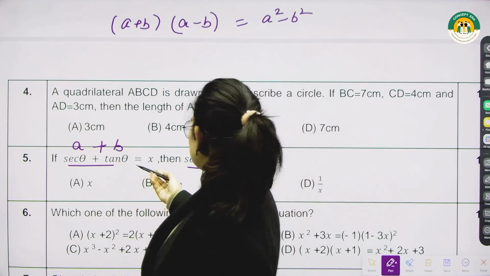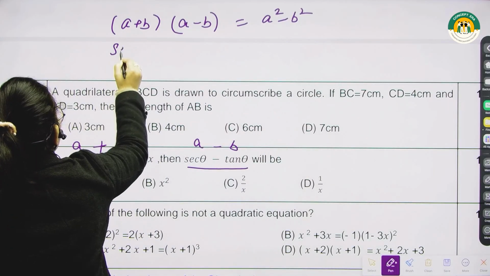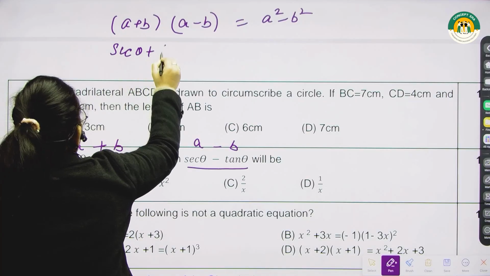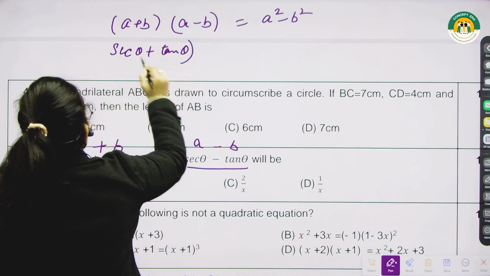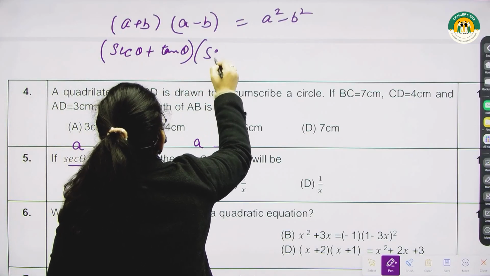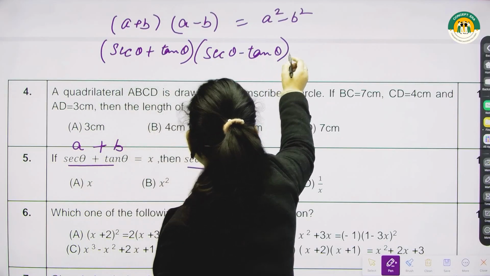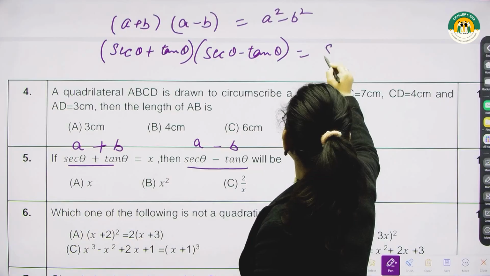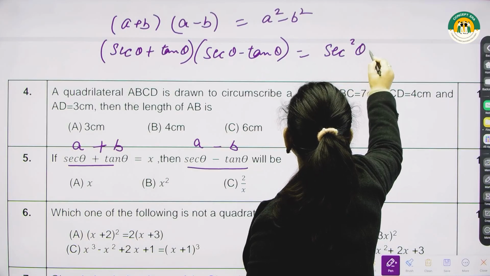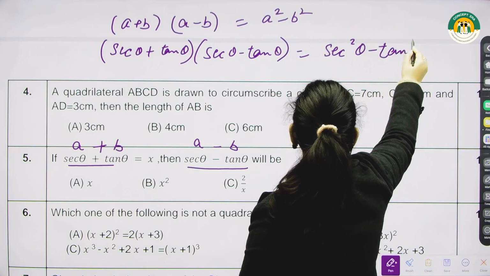Now let's substitute the values. Secant theta plus tan theta and secant theta minus tan theta is equal to secant square theta minus tan square theta.